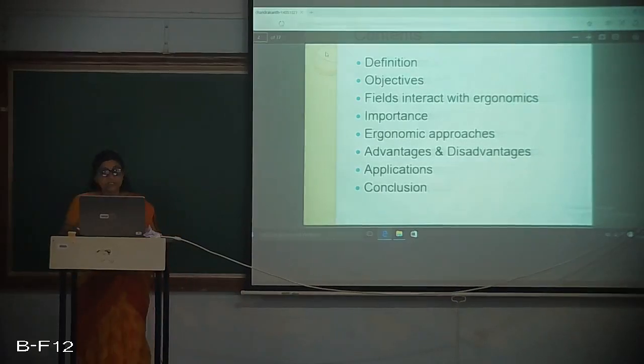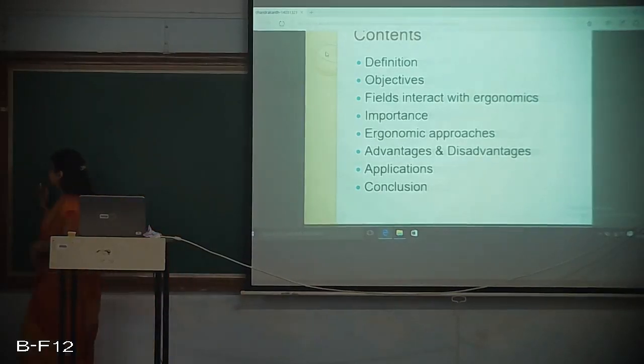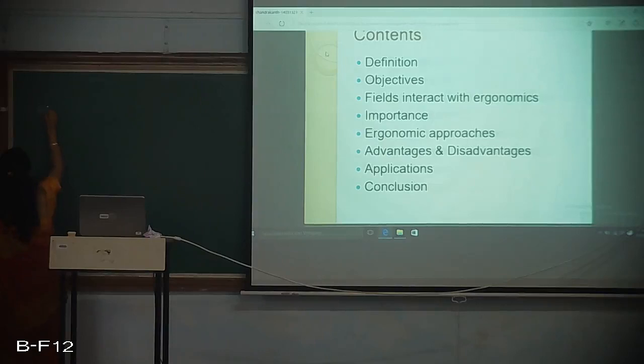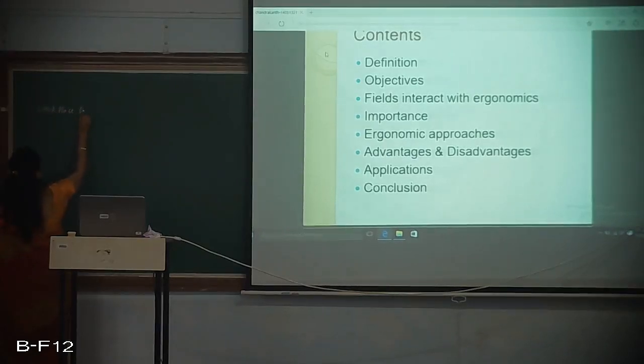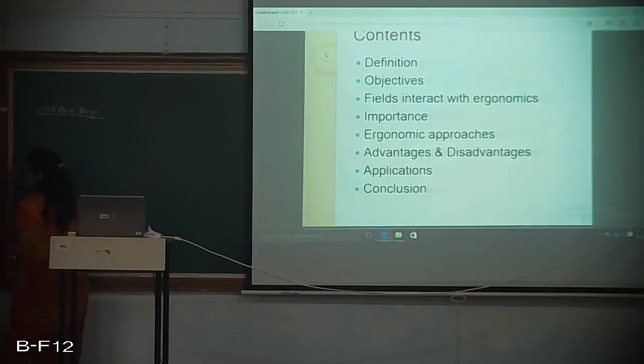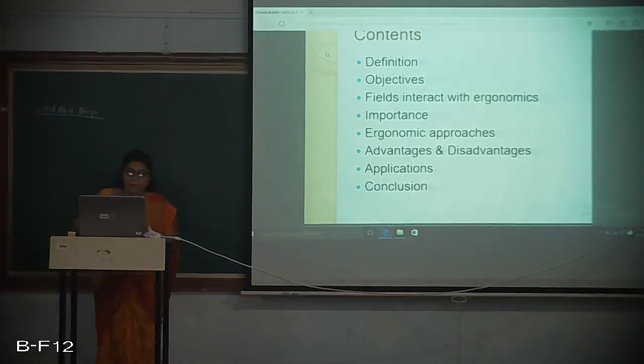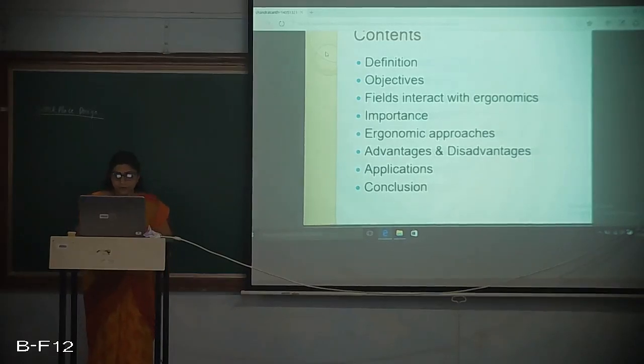Workplace design is a very important part of your syllabus. Inadequate design of a workplace will inhibit the worker from performing his task and may result in injuries.